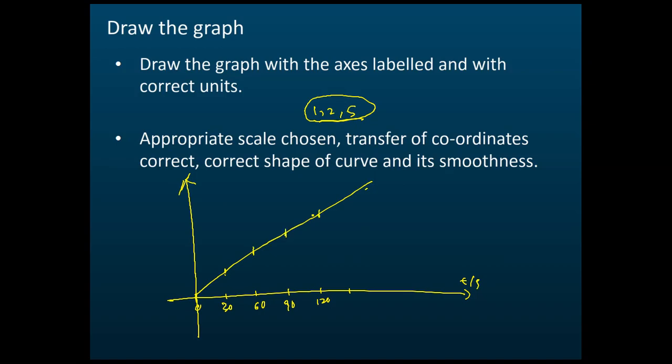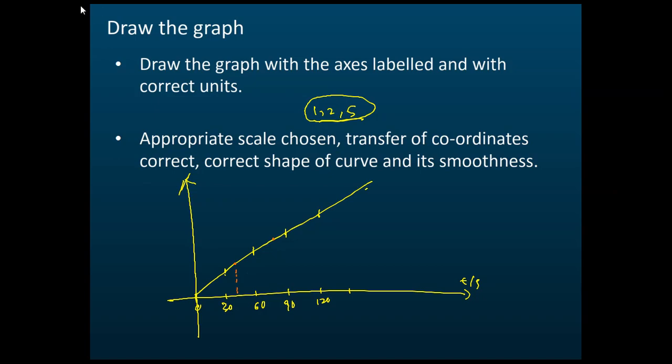So don't choose a point which is between the scale, or any points here, for you to find the gradients. Why? Because if you choose a point here, then it's very hard to tell what's the value here. Because 30 to 60, it's very hard to tell. You can use 30, 60, but don't use the point in between.